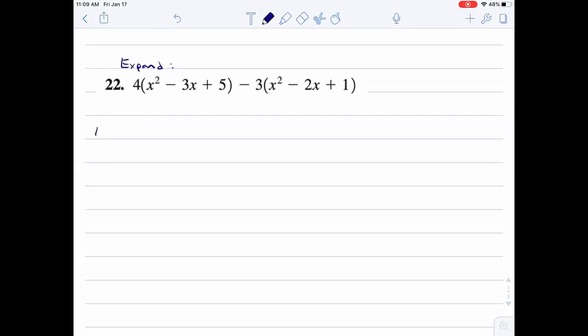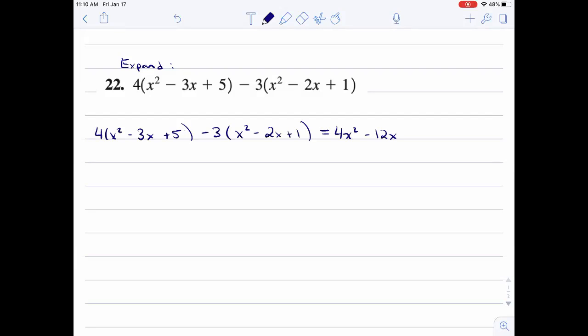And so I want 4 times x squared minus 3x plus 5, minus 3 times x squared minus 2x plus 1 equals we can start with the 4, right? And we have to bring it on to each of the terms inside there, right? And so we get 4x squared minus 4 times negative 3, right?